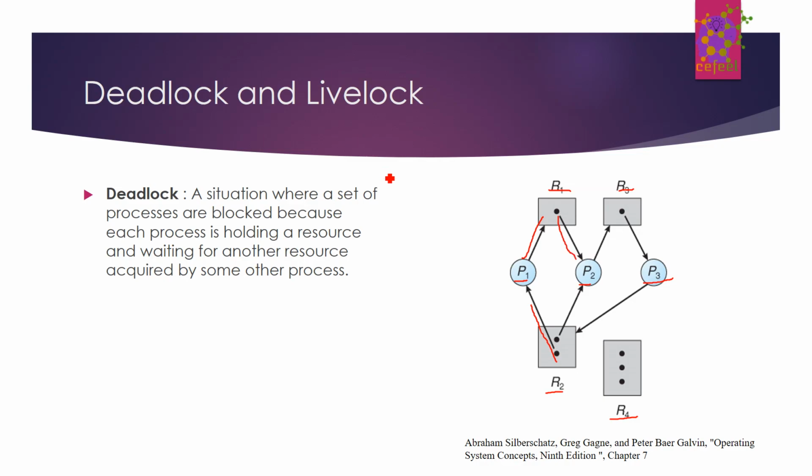P2 has R1 and is asking for R3, whereas P3 has R3 and is waiting for R2. So if you see, all these three processes are blocked, they cannot proceed because each one is waiting for some other resource to get allocated. So this is a situation of deadlock.